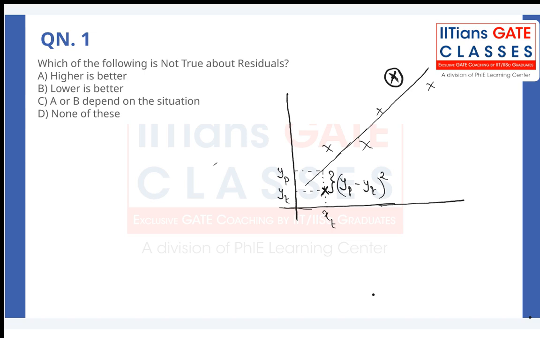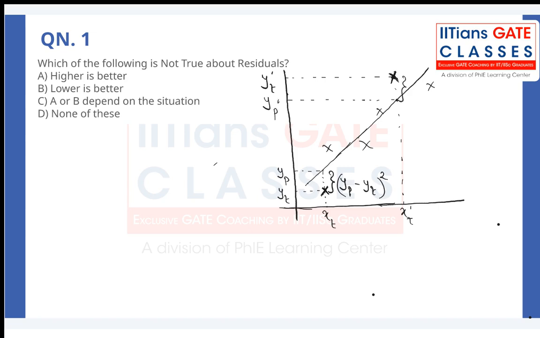If I extend the axis further, this point corresponds to y true prime, and the corresponding x is x true prime. Now my linear regression algorithm will predict this point as yp prime, and this difference forms my residual.